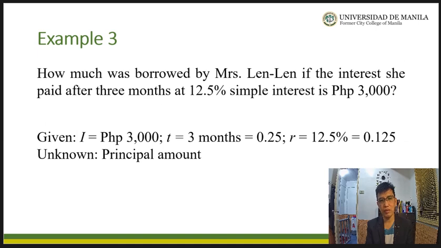Kung magkano yung original amount na hiniram. Okay? That Mrs. Len borrowed. Okay? So again, since we don't have a direct formula, we are going to again derive using algebraic manipulation to our formula.